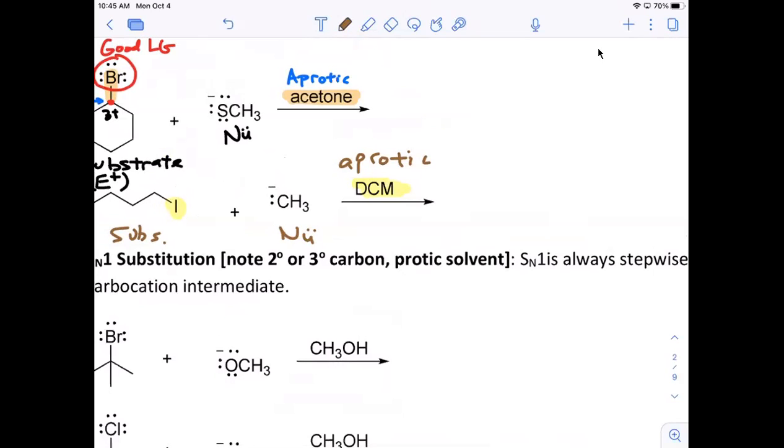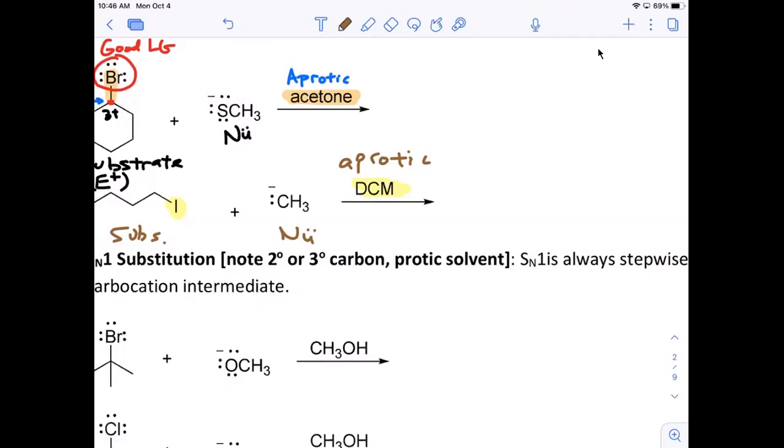If it's done in an aprotic solvent, then you can almost bet that it's going to be one of your bimolecular processes, so E2 or SN2. That's a big clue. If you don't have any other information, you can look at the solvent and tell whether it's going to be bimolecular or unimolecular. And then you can look at the products and tell whether it's a substitution or an elimination. But we'll talk more about that as we move forward.